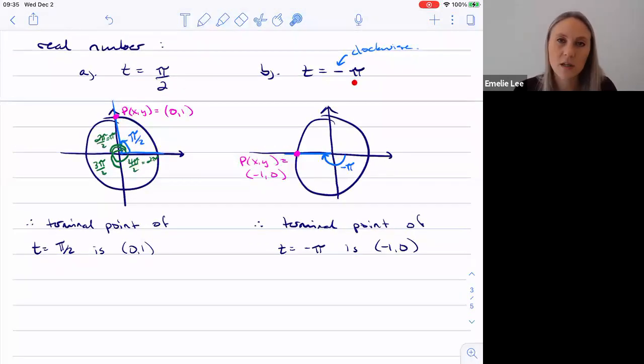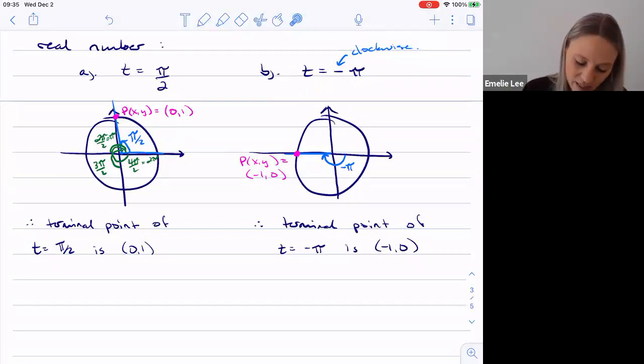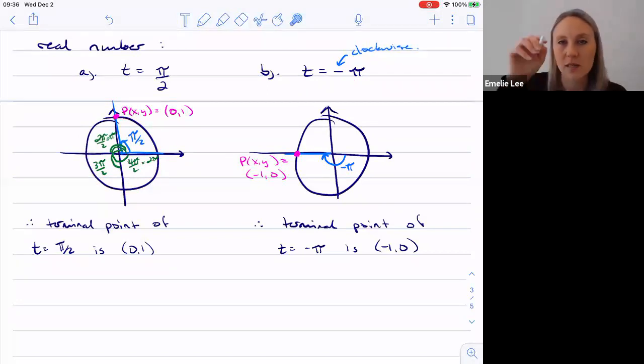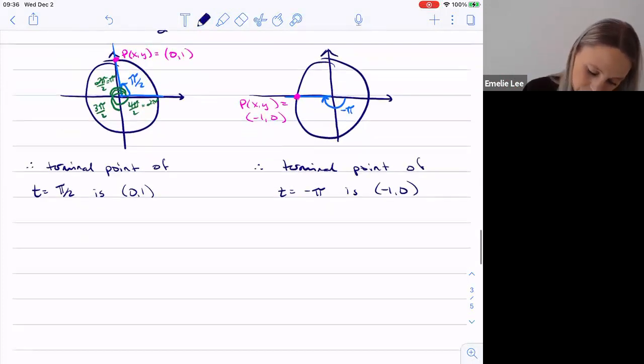Looking at each of these, what if we just kept going and going? So what if I went pi over 2, so I went to here, and then I went another rotation? That would be pi over 2 plus 2 pi. Because we have this circle property, it's cyclical, and so every 2 pi, I'm going to end up at the same point.